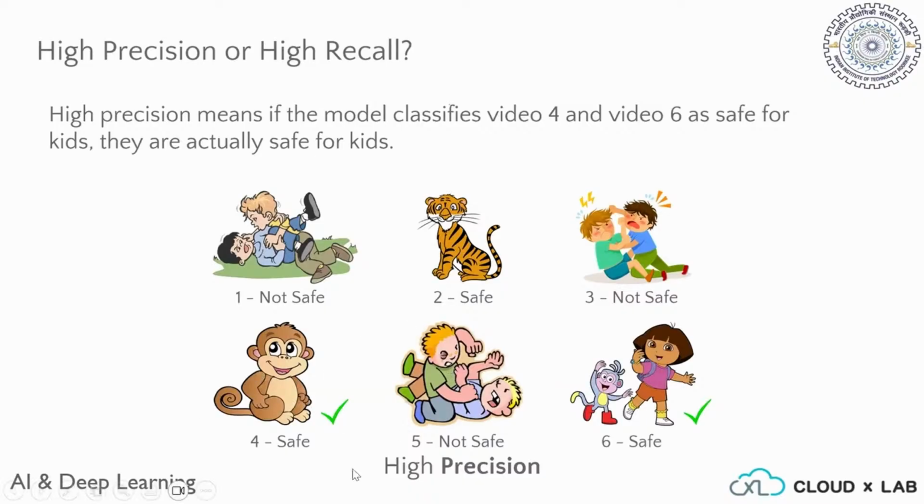So in this case we want high precision, because the model has to be correct. If the model is telling that the video is safe, it has to be safe. Maybe it may classify some safe videos as unsafe, but whenever the model is telling that a video is safe, it has to be safe, right?